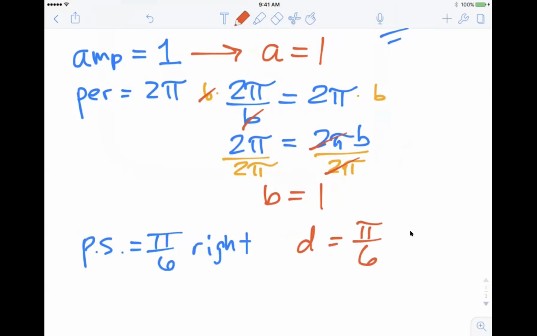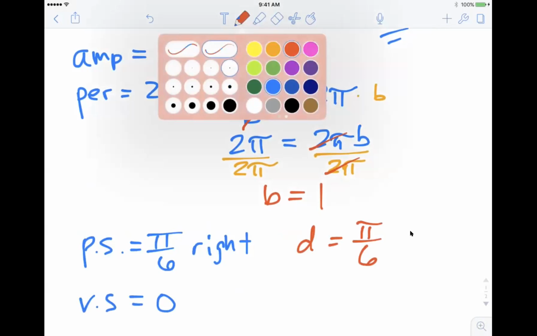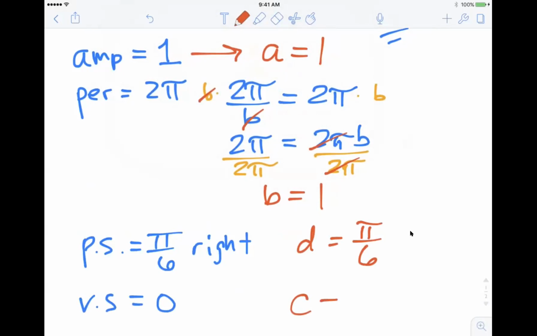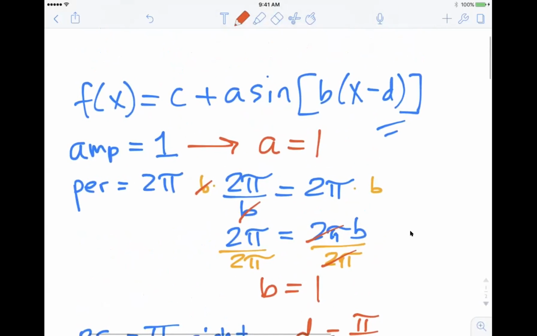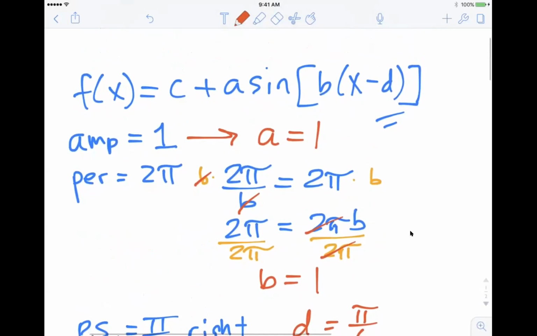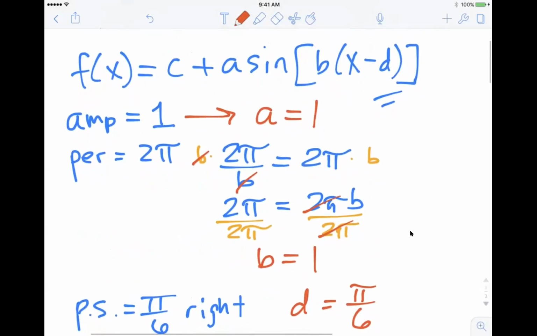Lastly, we have vertical shift. Vertical shift was 0. That's the C in the equation. So C is equal to 0. Okay, so now I've identified A, B, C, and D, just going through each one, and then now put them all into the function and see what we got, and then simplify, right?